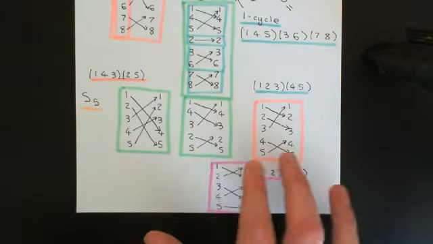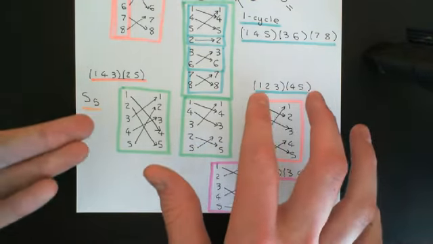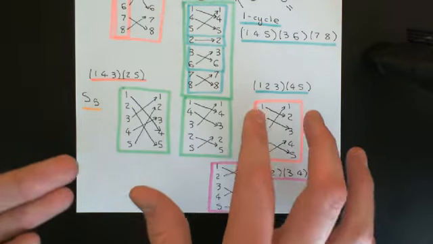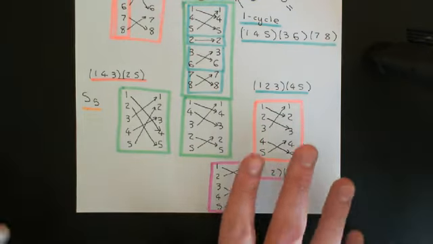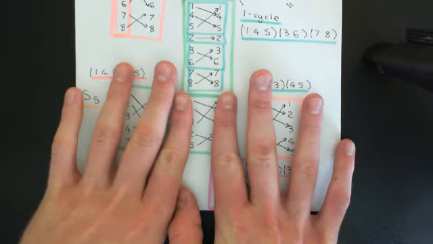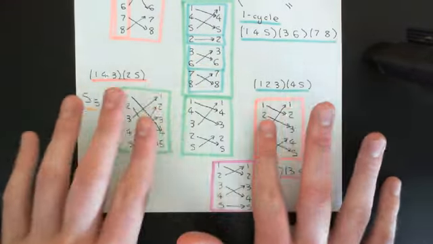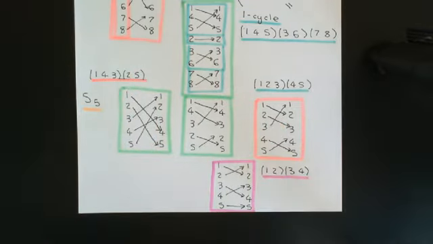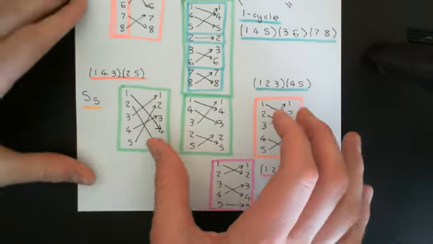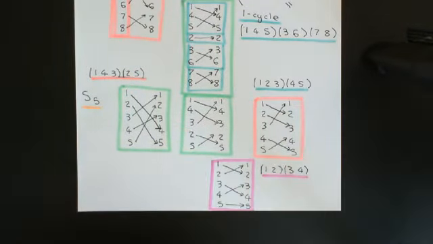Yes, the cycles involve different elements, but the types of cycle that you have here are the same. Indeed, if I cover up the numbers here, if I put my fingers over the numbers, these two look exactly the same. The arrows here are the same. The structure of the set permutation is the same.